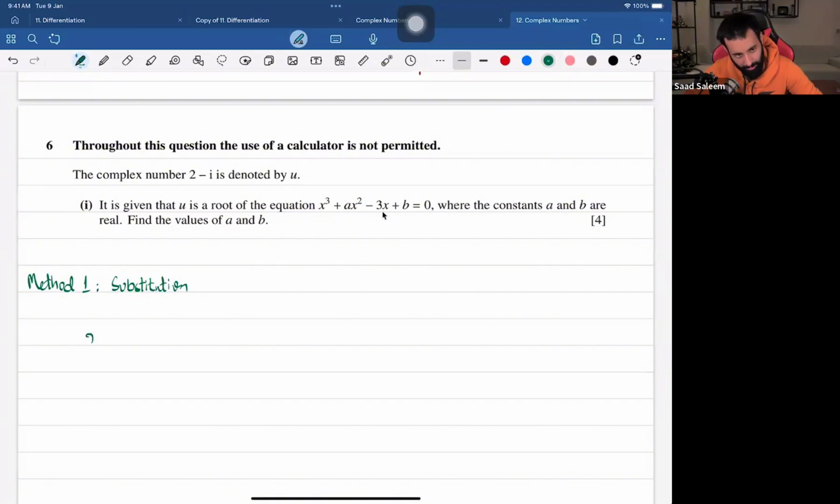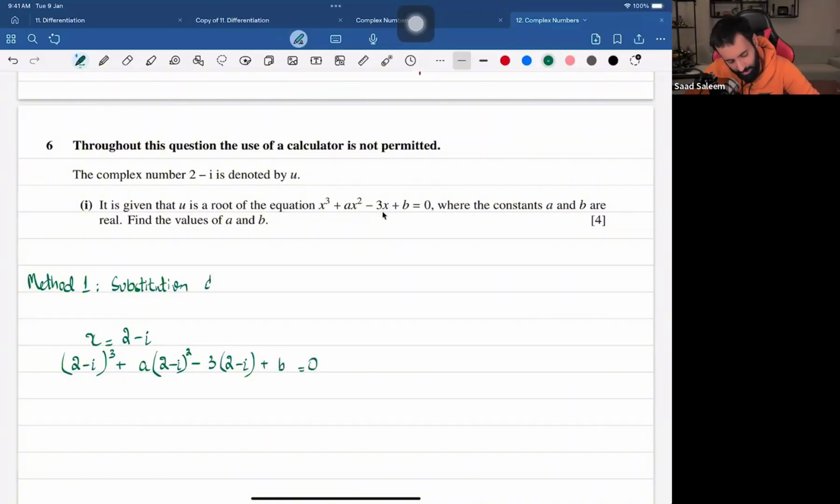So here's method 1. We know that a root is 2 minus iota. So what we're going to do is plug this into the equation. So we have (2 minus iota) cubed plus a into (2 minus iota) squared minus 3 into (2 minus iota) plus b equals 0. Now, this is not just substitution.